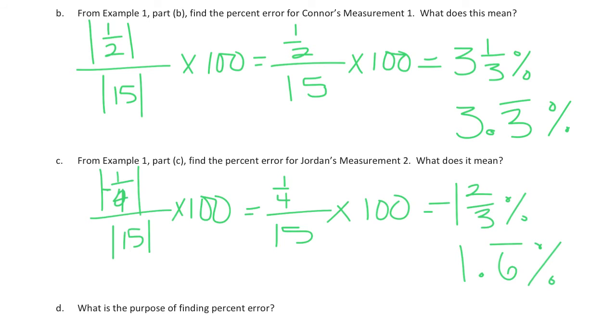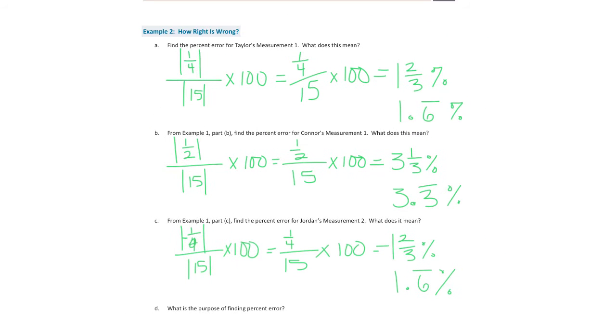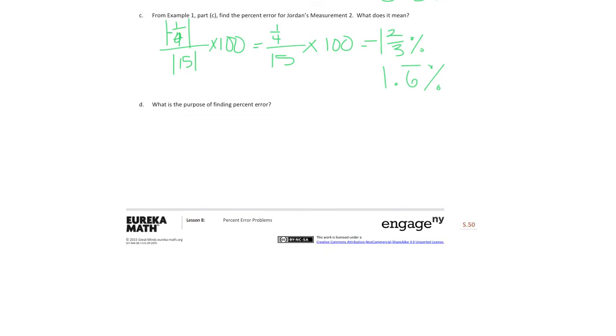And so you can see from a comparison standpoint, knowing the percent error, that Jordan and Taylor made the same percentage of error, whereas Connor's measurement error was a little bit bigger. He was a little further off. On D, it says, what is the purpose of finding the percent error?